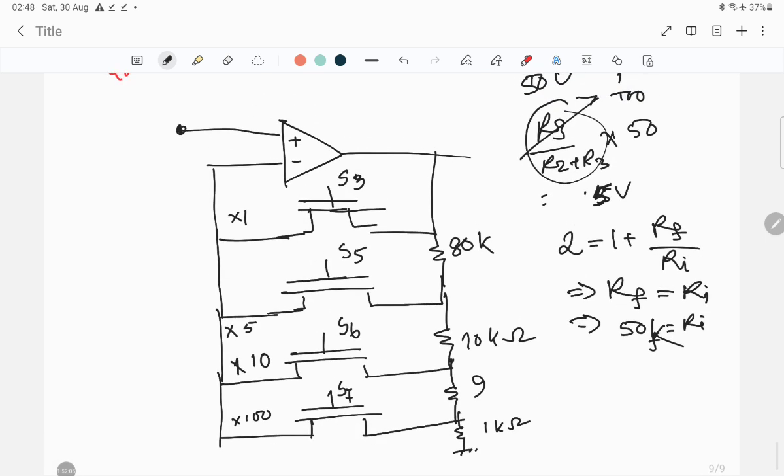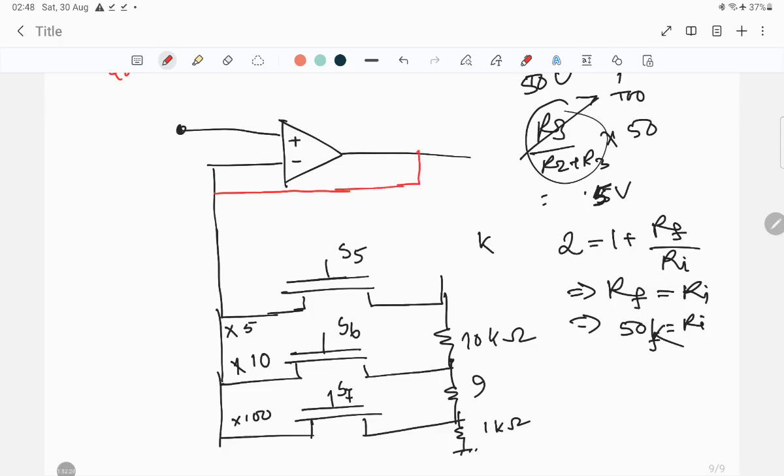So instead of this 80 kilo ohm, you may distribute these 80 kilo ohms into 50 and 30. And this is gain factor 2, this is gain factor 1.